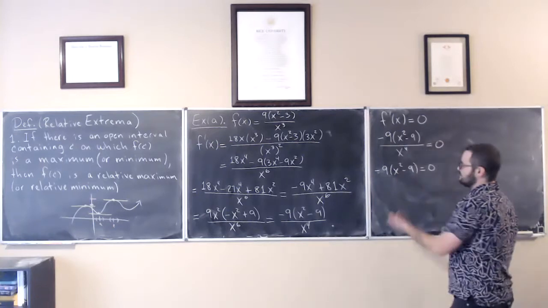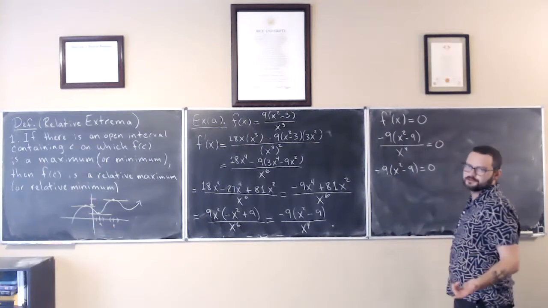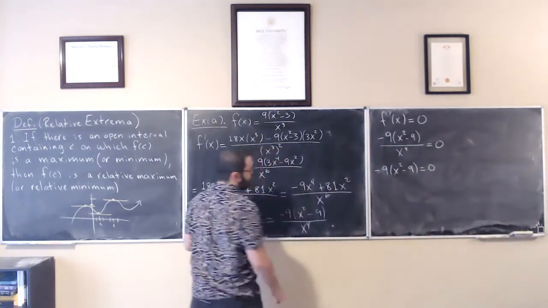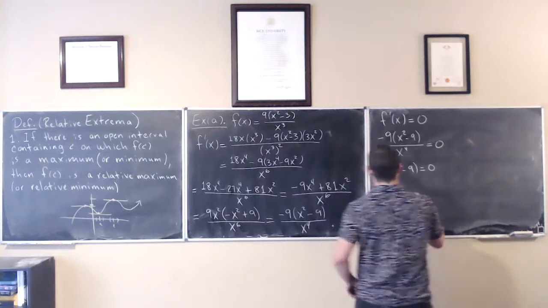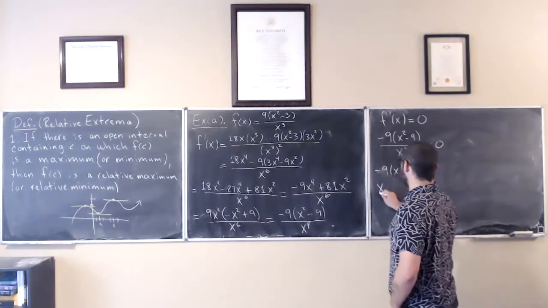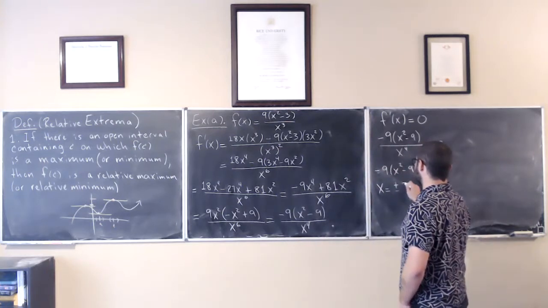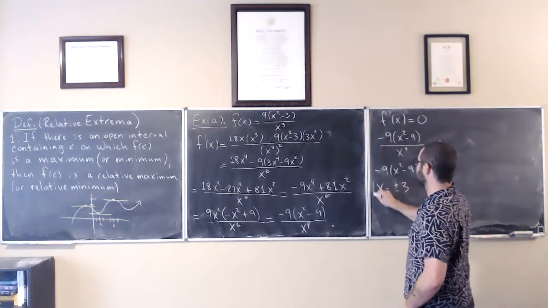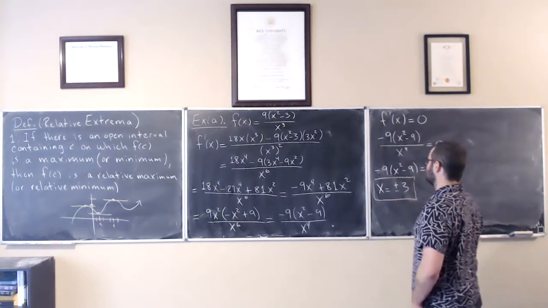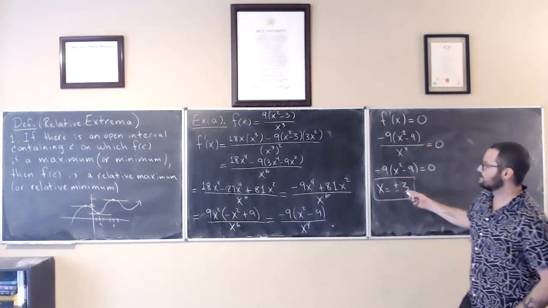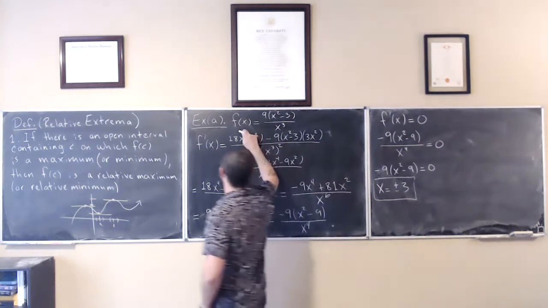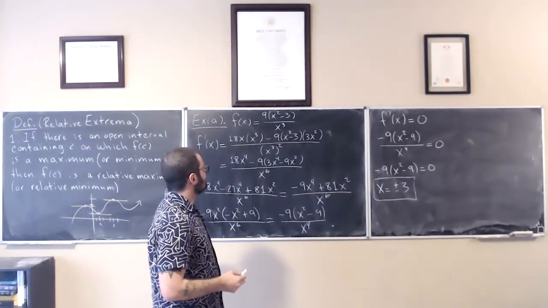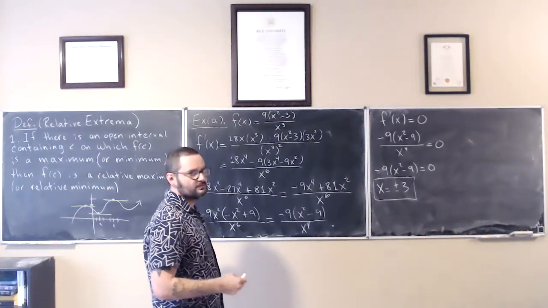And you can already see that if x is 3 or negative 3, then that's going to be 0, right? So x is equal to plus and minus 3. So if we plug these values into the function f, we should get relative minimum and relative maximum.